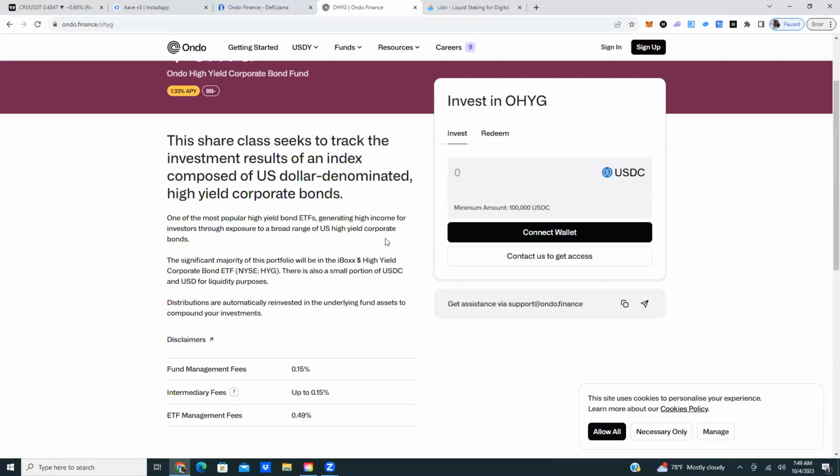The significant majority of this portfolio will be in the iBoxx High Yield Corporate Bond ETF, HYG. There's also a small portion of USDC and USD for liquidity purposes. Distributions are automatically reinvested into the underlying fund assets to compound your investment. Nice. I want to take a look at that. They said HYG. Let's take a look at that.